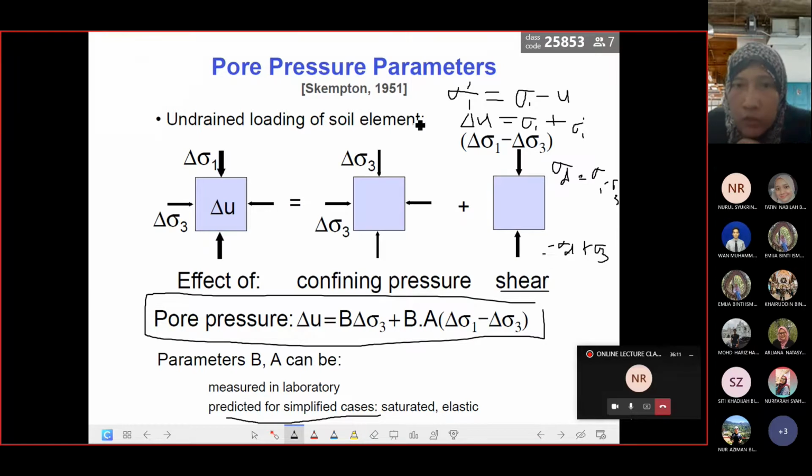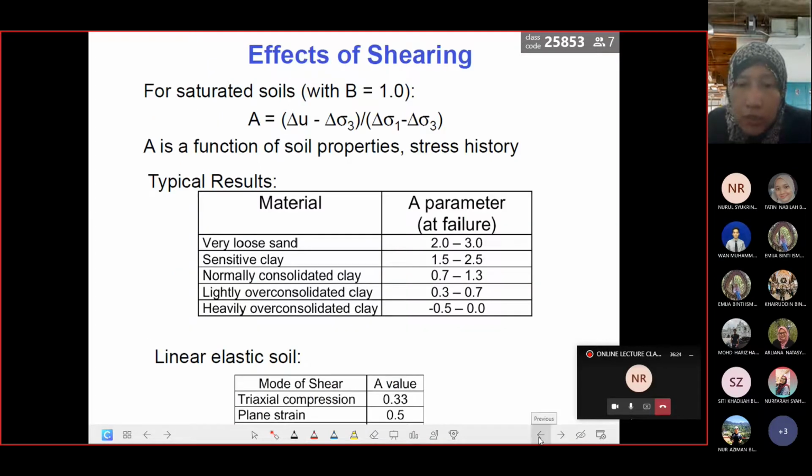This same thing, if you want to replicate or understand the pore pressure parameters and the effect of this delta U, the B and A parameters. So what exactly are A and B? As mentioned earlier, you can get the parameter values from the lab, or from empirical equations or existing literature data.